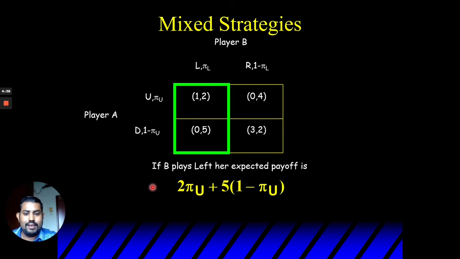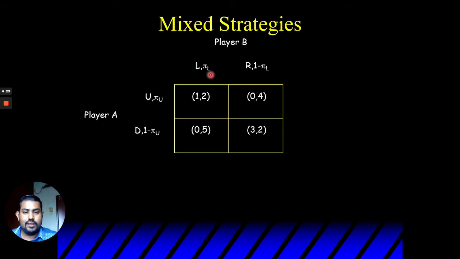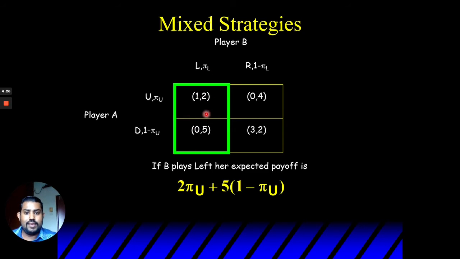If player B plays left, her expected payoff, because we are looking at player B, will be 2 pi u, because it depends on player A's probability, plus 5 times 1 minus pi u.